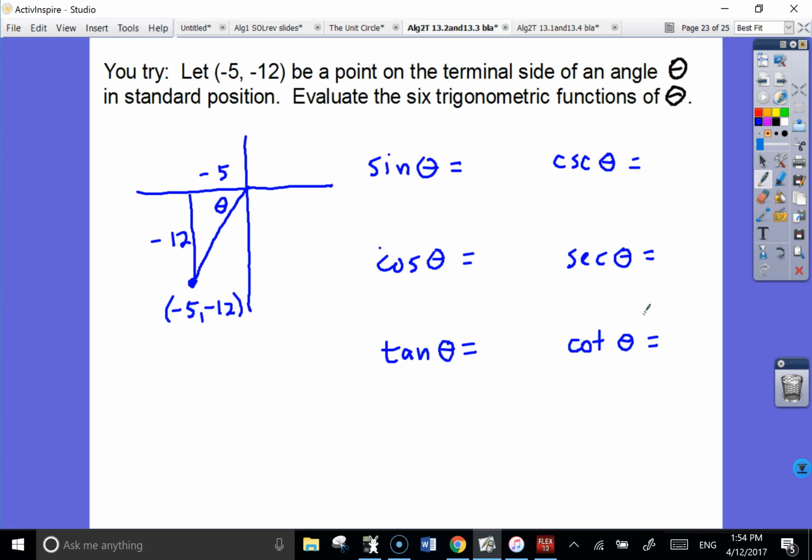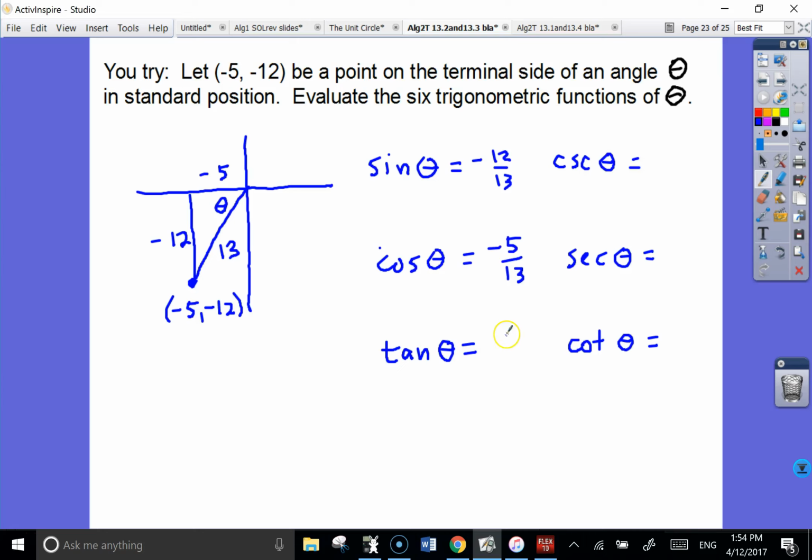So what was the length of the side? You had to do the Pythagorean theorem to find the third side. It was 13. And then fill them all in. Sine should have been negative 12/13. Cosine, negative 5/13.